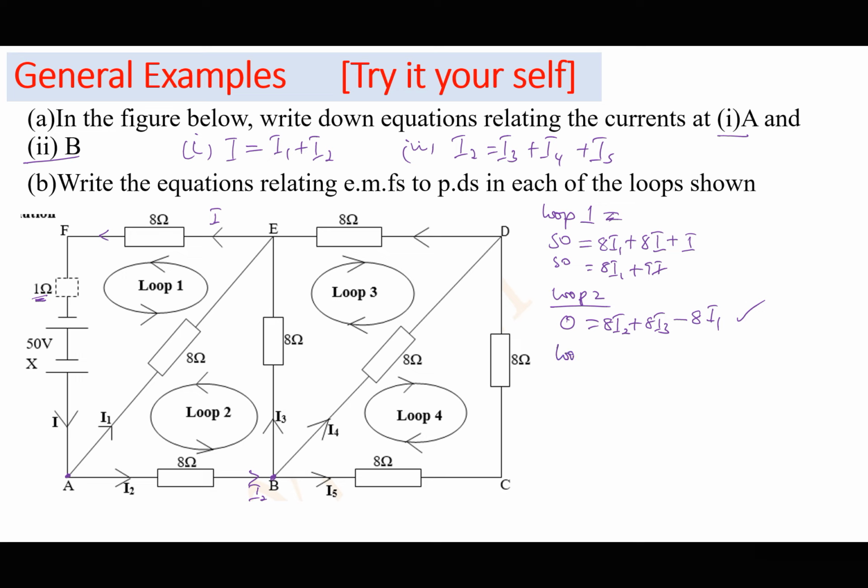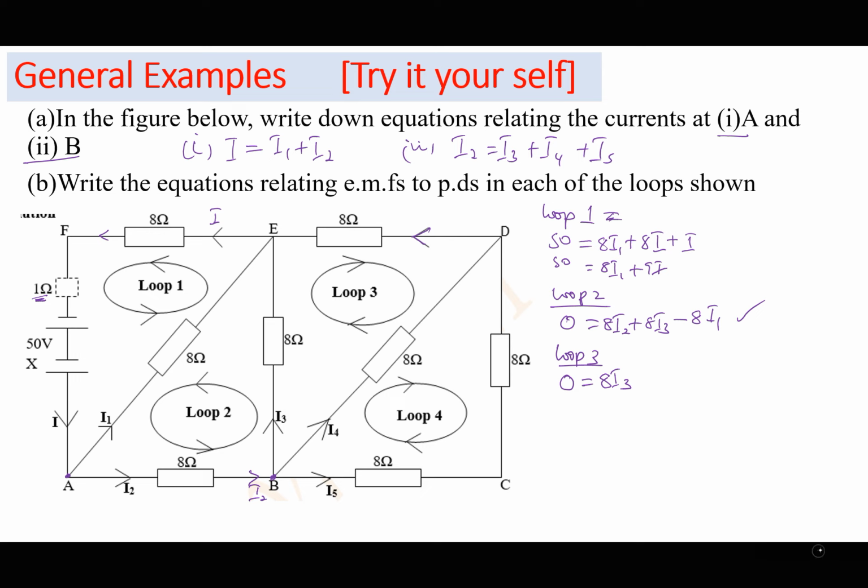Let's look at loop 3. There is no cell, so the EMF is 0. The loop is clockwise, so B to E, E to D, D back to B. B to E, the current is in the same direction as the loop, so the PD is positive 8 I3. E to D, the current is in the opposite direction to the loop, but this current was not labeled.